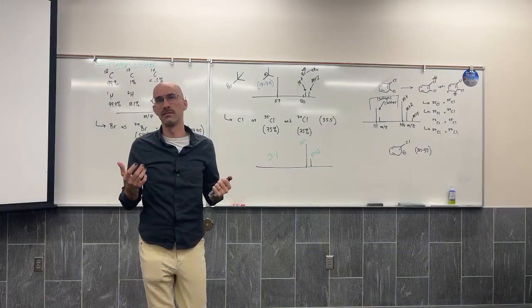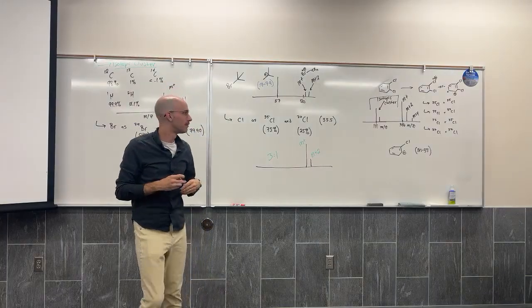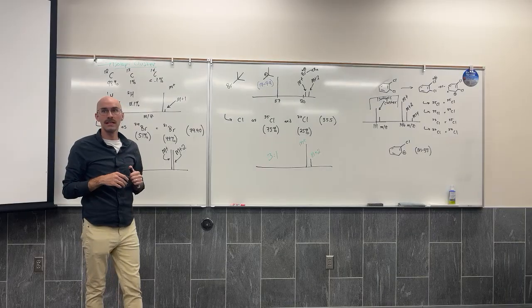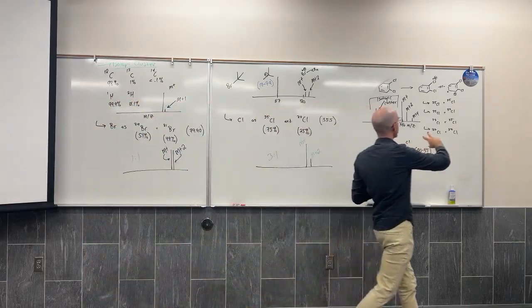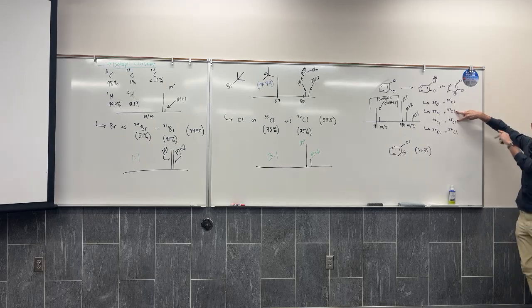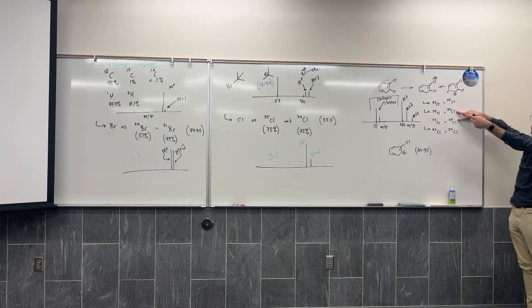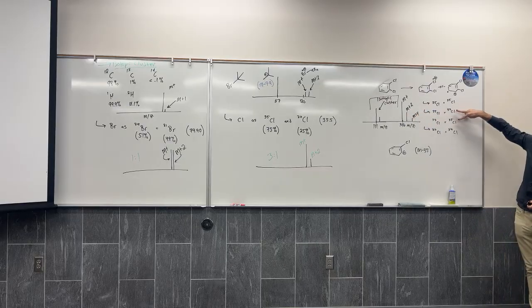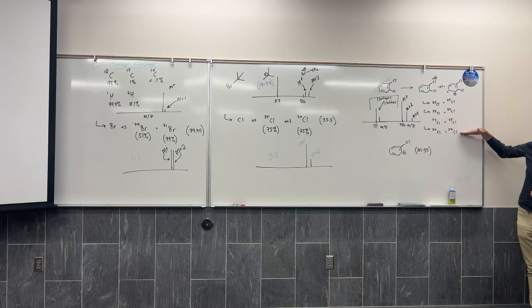Yes, coincidental. M plus 2 on the far right, that's because that's the 37 chlorine, right? It's one of the possibilities, because this structure was a little bit more complicated than our bromine example because it had 2 chlorines. So the M plus 2 comes from one of the possibilities where one of the chlorines is heavier. And then M plus 4, they're both 37 because it's 2 plus 2 from the base.